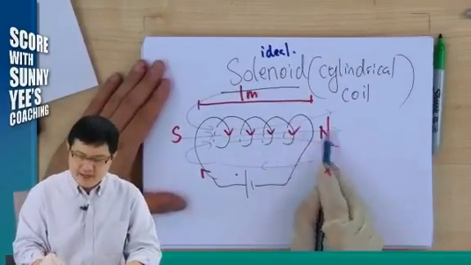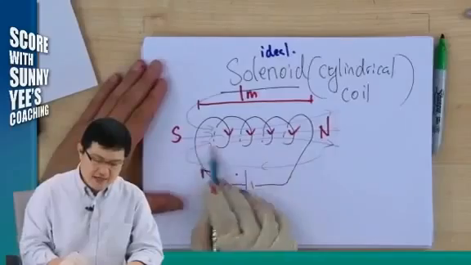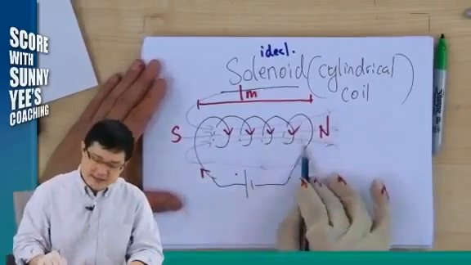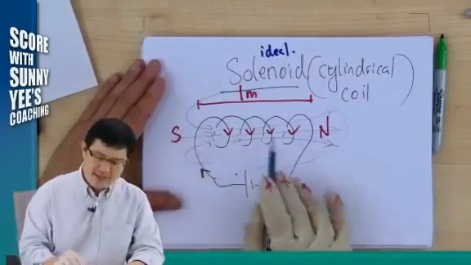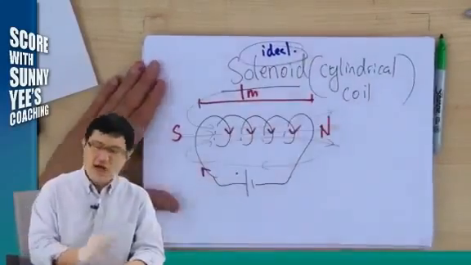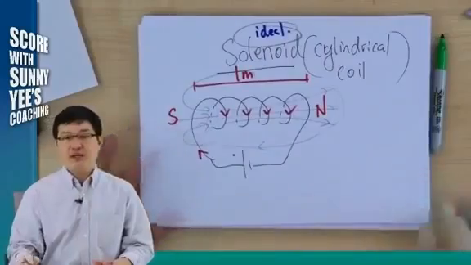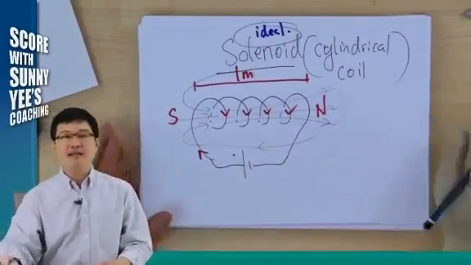See, 3 magnetic field lines going out, 3 going in. Then we say the number of magnetic field lines coming out and coming in is the same. That is called an ideal solenoid. There's no loss of magnetic field.